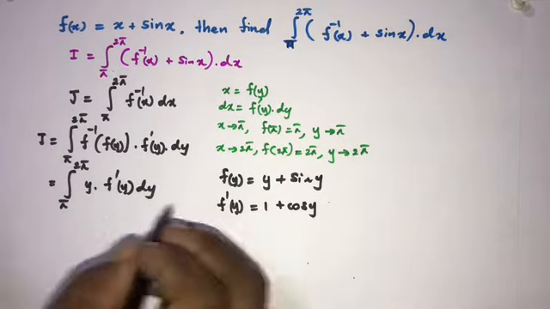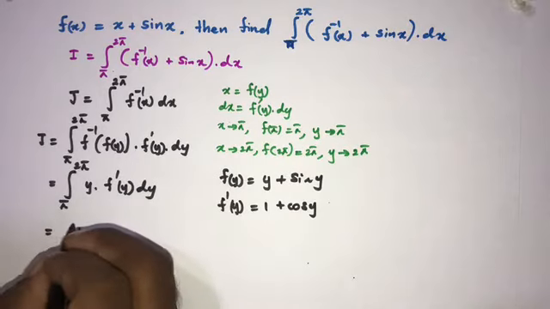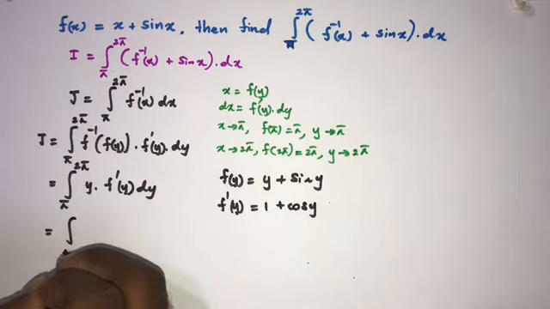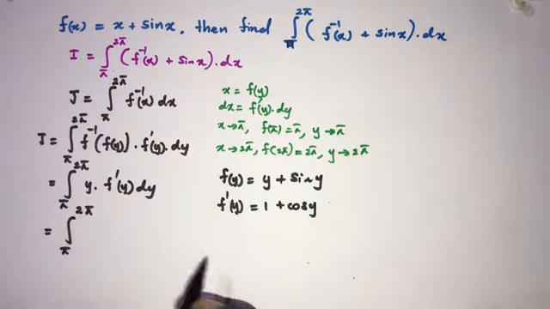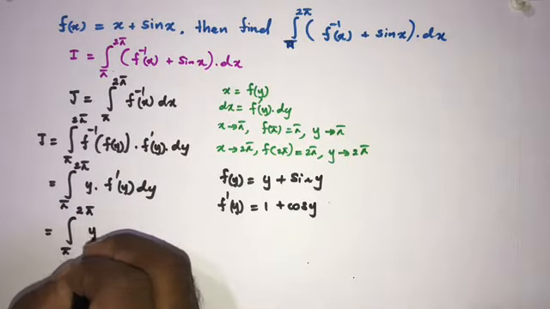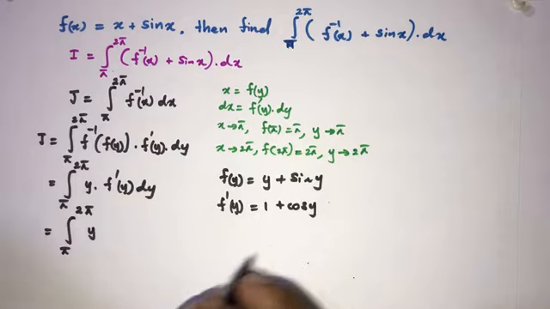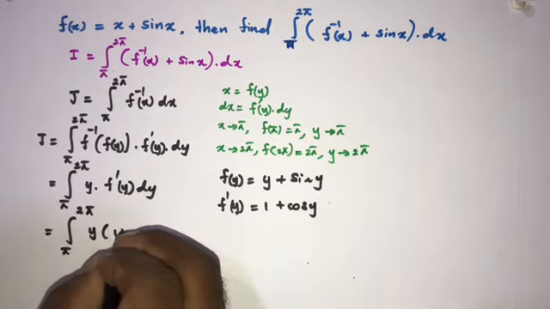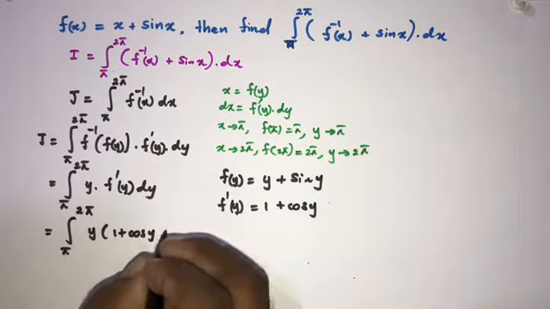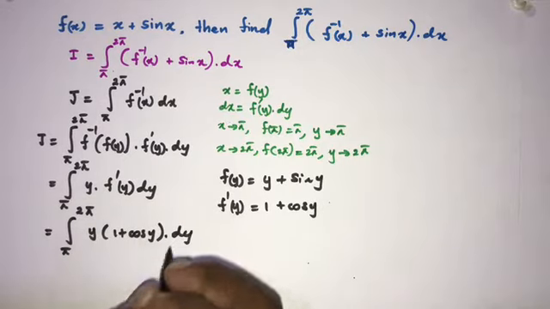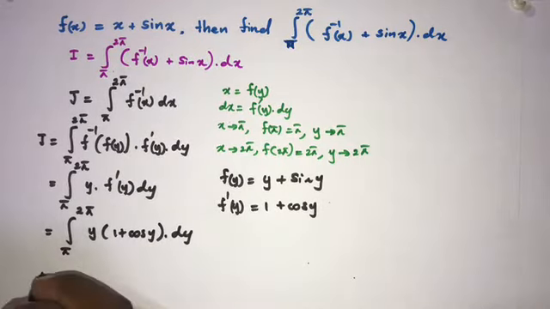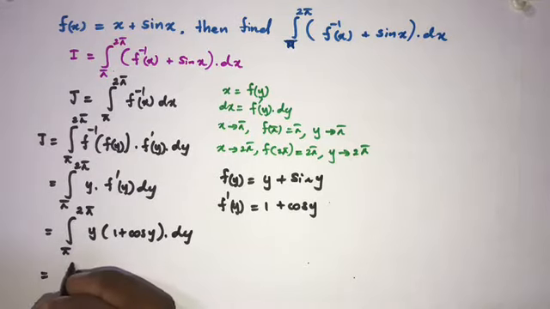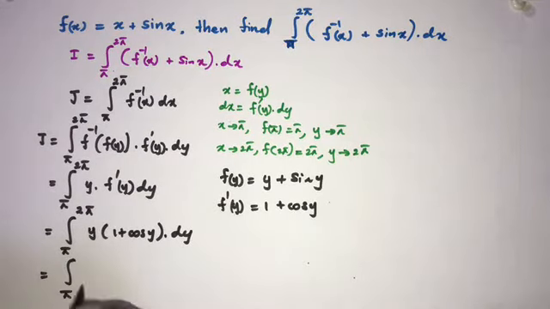Then we can plug in: the integral from pi to 2 pi of y times 1 plus cosine of y dy.